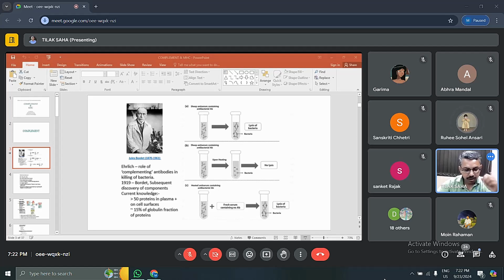Now if you have any queries. So the activated part is the zymogen? No, it is the normal form that is present in the serum. It is the inactive form. Zymogen is what generates the enzyme.